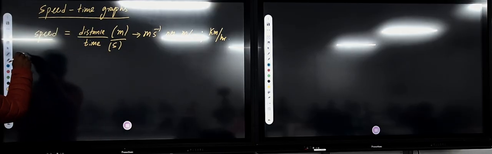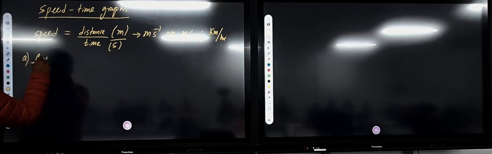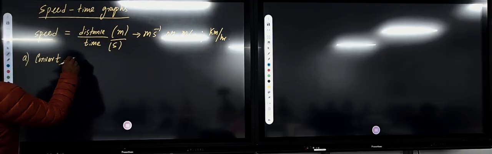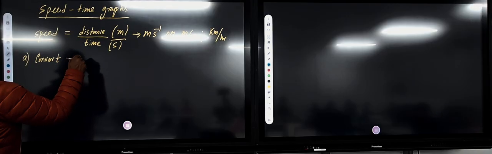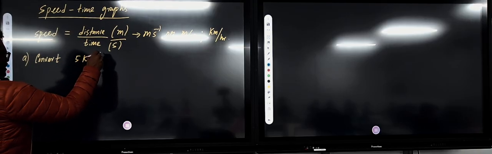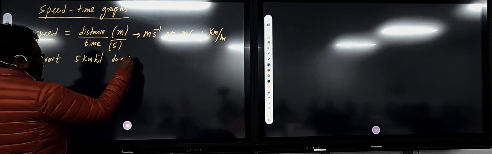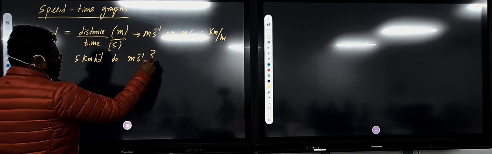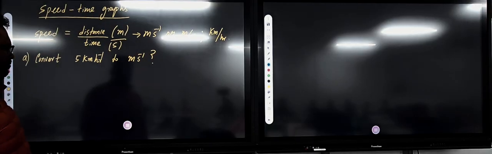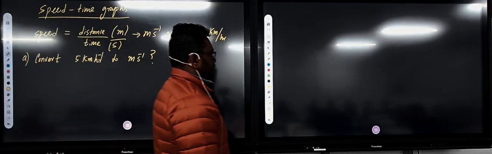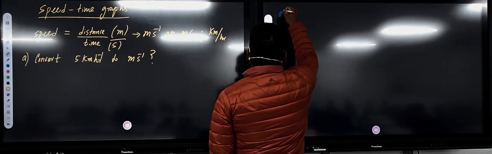First question. Convert 5 kilometers per hour to meter per second. Do this quickly. Second question.